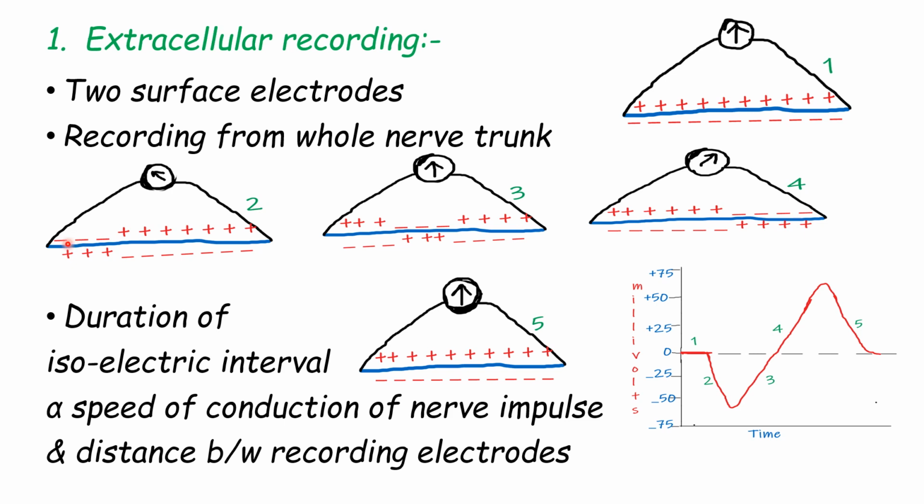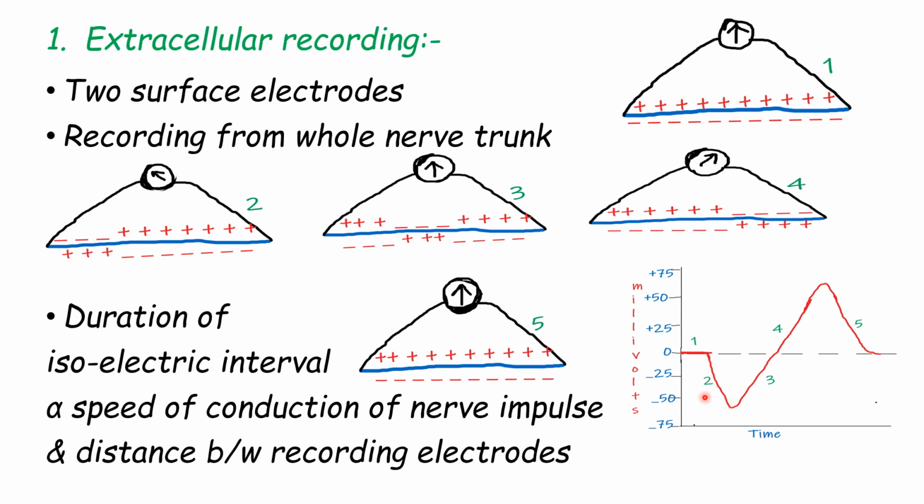Now here the inside is negative and outside is positive, so this electrode will record negative and this will record positive. So there is a deflection in the recording, and what we record is downward. Here the membrane is depolarized, and we record the downward stroke.